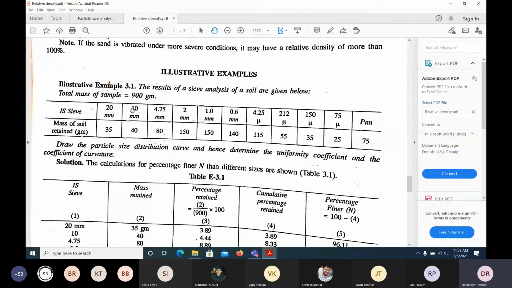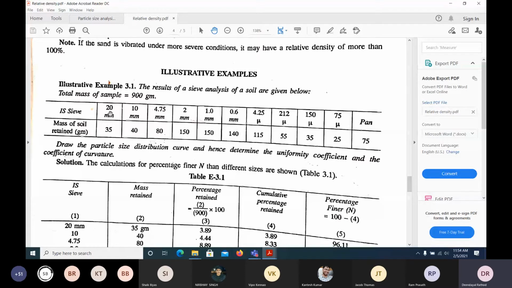What are the sizes of the sieves? Already we have seen, at the bottom we keep the pan, which is what passes through the 75 micron. Then above this, everything from 75 micron to 4.75 mm is sand. Above that is gravel. Understand?